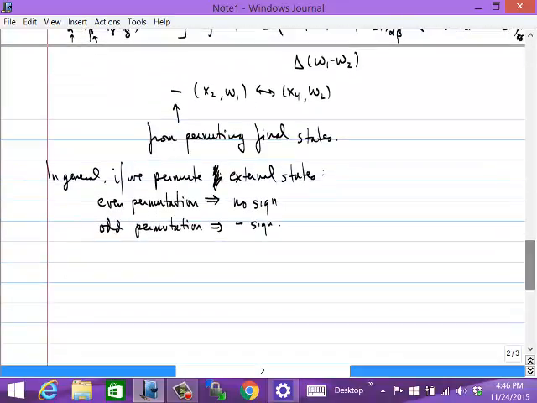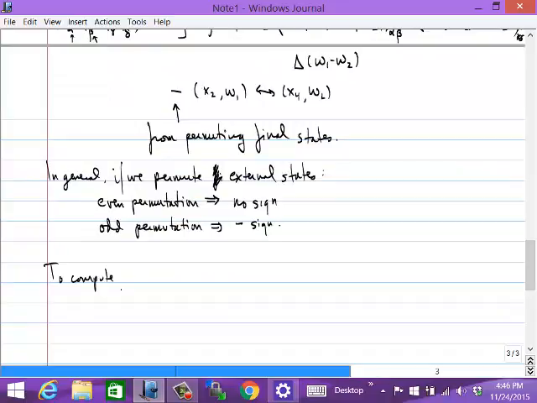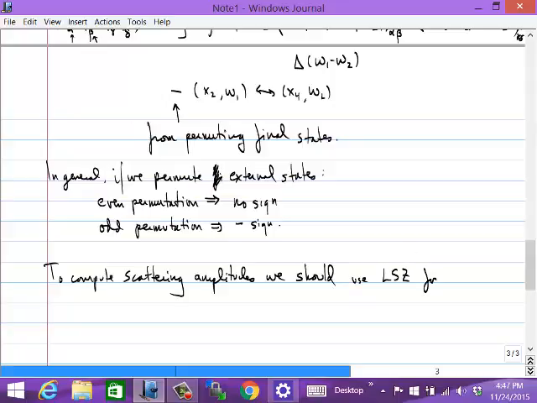So, to study the momentum space diagrams, to compute, for example, scattering amplitudes, if we wanted to go through the argument in detail, then what I would have to do is rederive the LSZ reduction formula for these fermions.